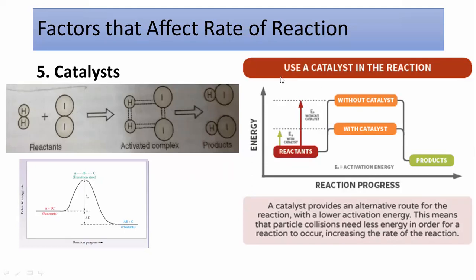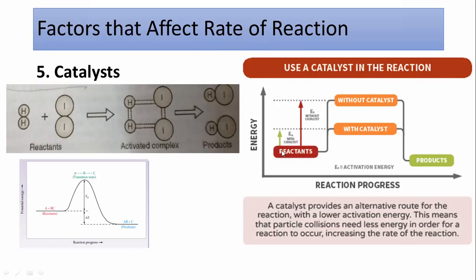Now let's see what the effect is on the rate of the reaction. When less energy is required, you can start the reaction with the minimum energy. Let's suppose this was 10 kilojoules of energy without catalyst, and when you added the catalyst, the energy is reduced.